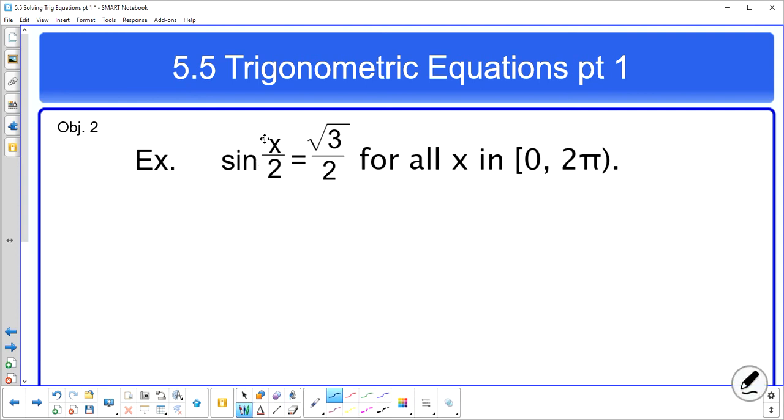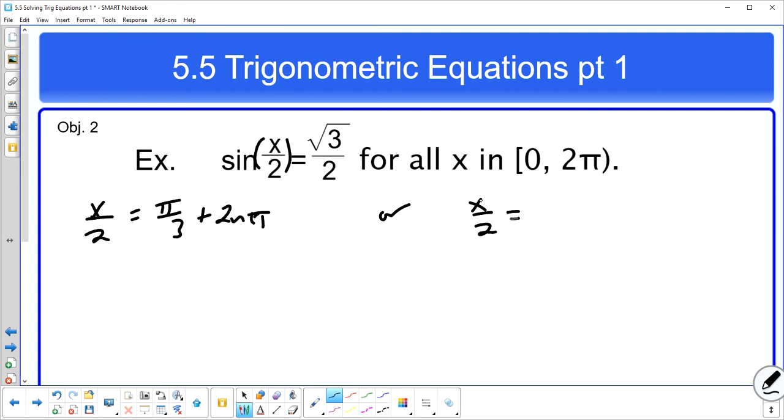An example of that, so you see here we're talking from 0 to 2 pi. First thing, again, remember x over 2 is the angle, so we need to get rid of that sine first. So the angle, the y value, square root of 3 over 2, is pi over 3 plus 2n pi, or the angle x over 2 equals 2 pi over 3 plus 2n pi.